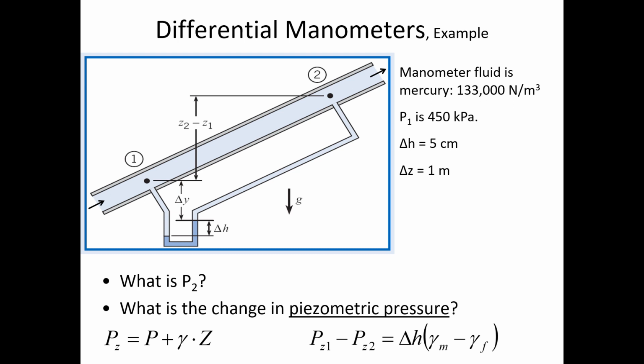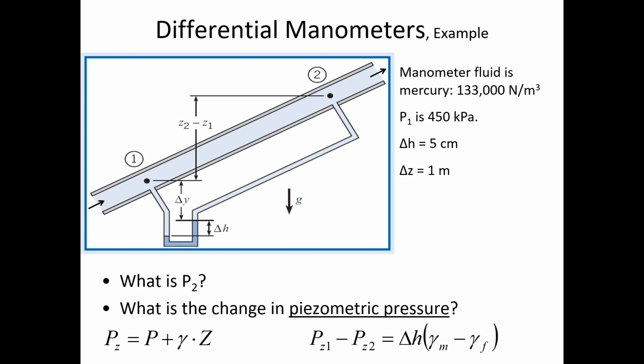So simplified, it's P1 plus delta H times gamma of water, minus delta H times gamma of mercury, minus delta Z times gamma of water, is equal to P2. So I'm just working my way through the tube using the hydrostatic equation, and now we can do some numerical substitutions.